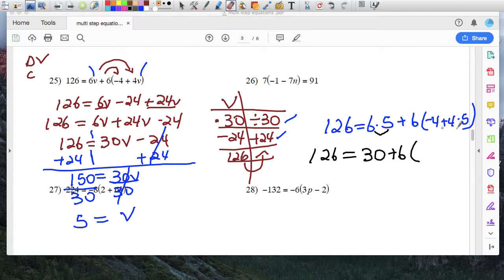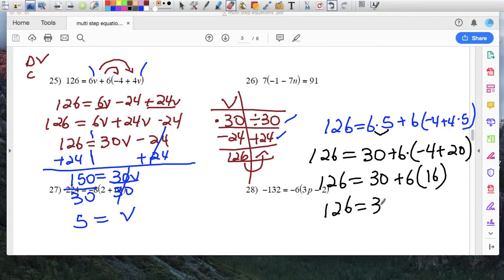And inside the parentheses, it's negative 4, and plus 4 times 5, positive 4 times 5 is positive 20. I'm going to write plus 20. That stays. Don't add this because they're multiplying. So 30, and the 6 is still waiting. Negative 4 plus 20, there's more positives, it becomes 16.